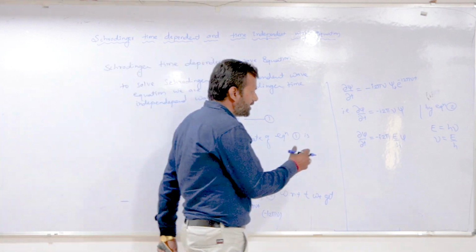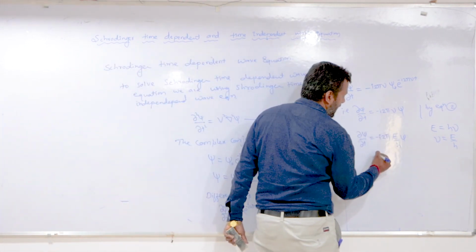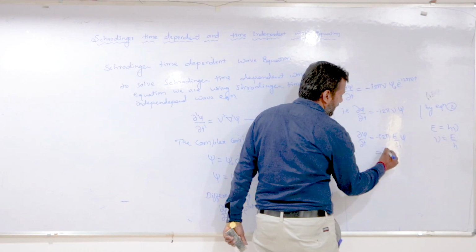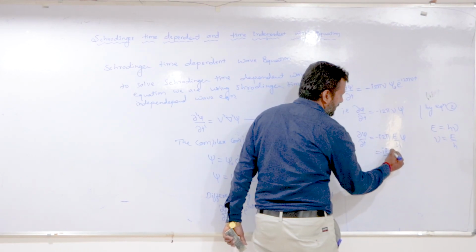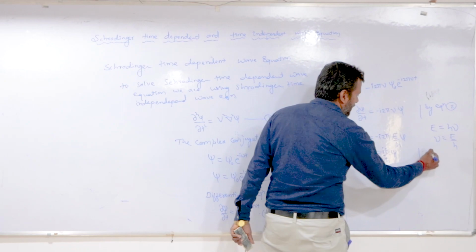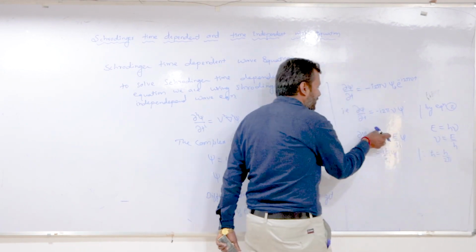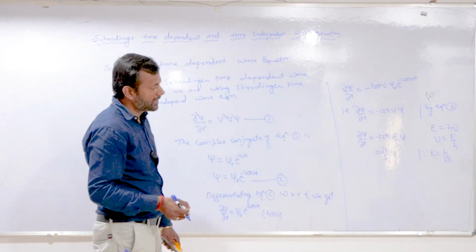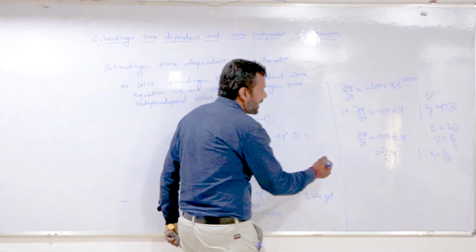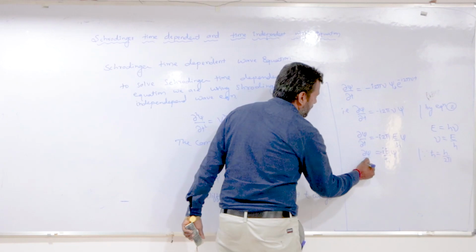So h upon 2 pi can be replaced with h cross. So minus i E by h cross psi, because h cross equals h by 2 pi, that is dou psi by dou t.